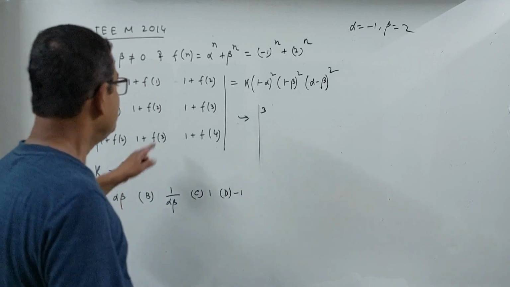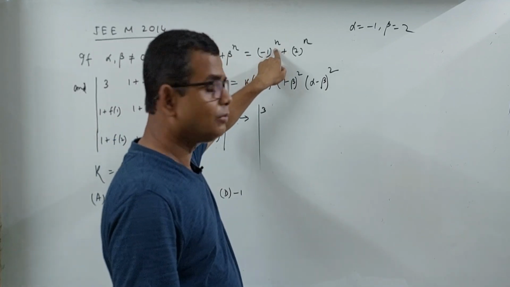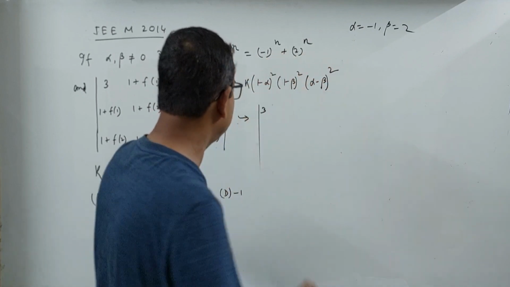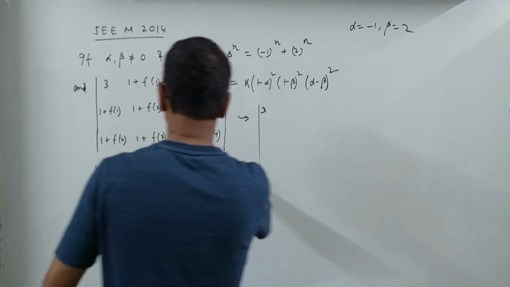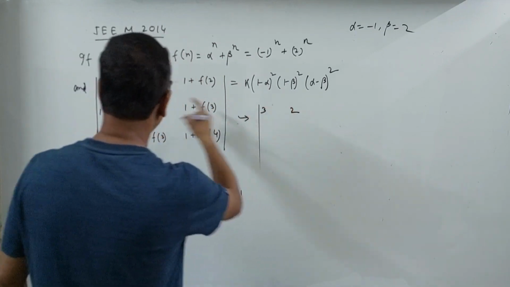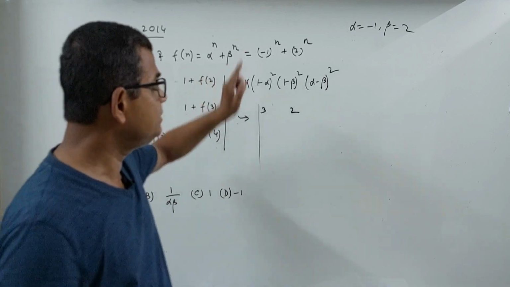If we put n equal to 1 here, we get -1 to the power 1, that is -1, and 2 to the power 1, that is 2. 2 minus 1, that is 1. So 1 plus 1, that is 2. 1 plus f of 1 equal to 2. 1 plus f of 2, what is the value of f of 2?